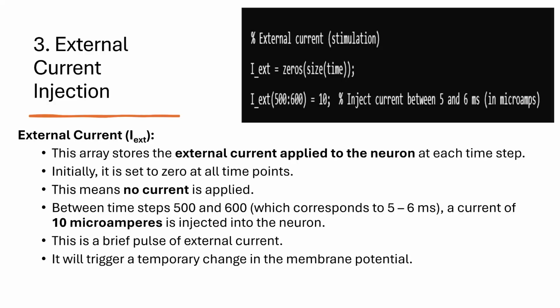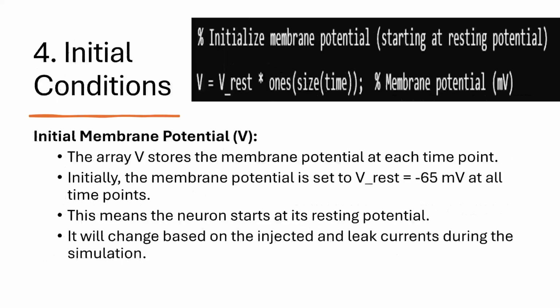Between time steps 500 and 600, which corresponds to 5 to 6 milliseconds, a current of 10 microamperes is injected into the neuron. Imagine that as a brief pulse of external current. It will trigger a temporary change in the membrane potential.